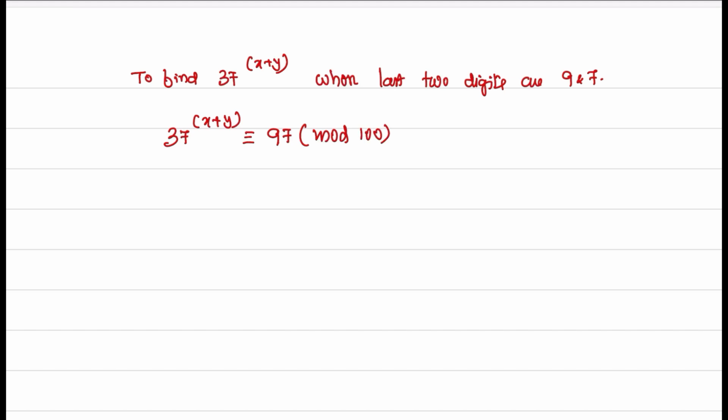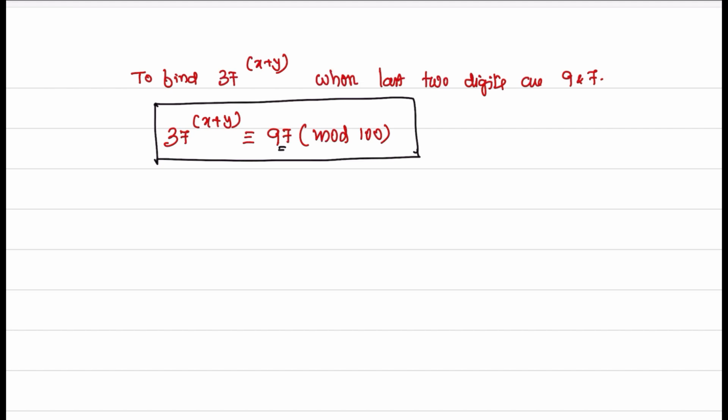Mod 100 means divided by 100. When this item on the left hand side is divided by 100, it should give a remainder of 97, because the last two digits are the remainder.